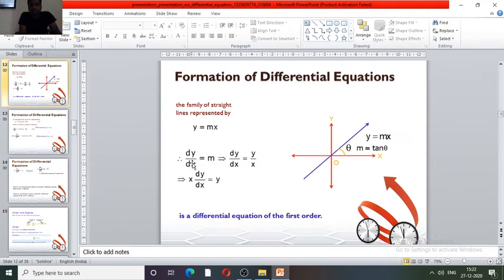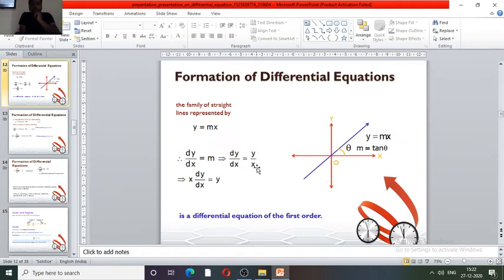First of all, if we differentiate both sides with respect to x, on the left hand side we get dy by dx, and on the right hand side we just have mx, which differentiated with respect to x gives m. So we get m is equal to dy by dx, and our original equation of the straight line is y is equal to mx. If we substitute the value of m here, we get the equation dy by dx is equal to y upon x.